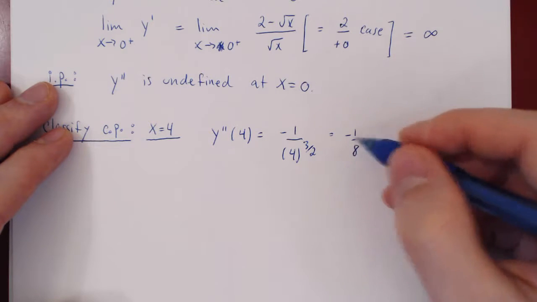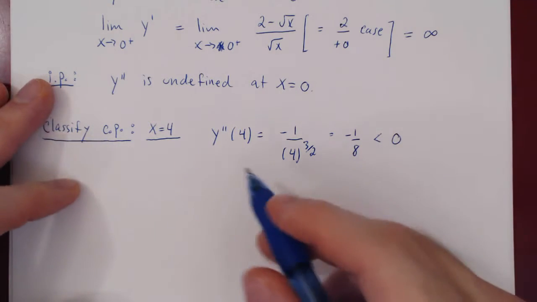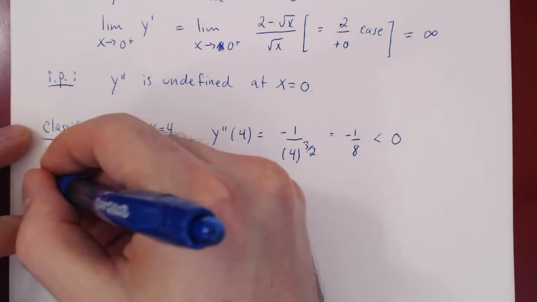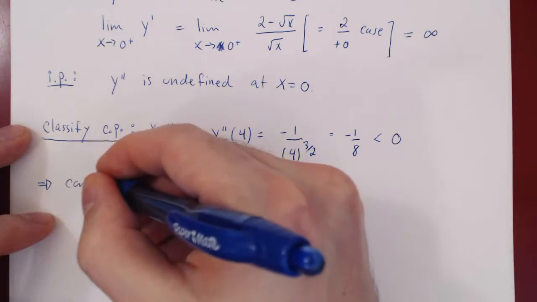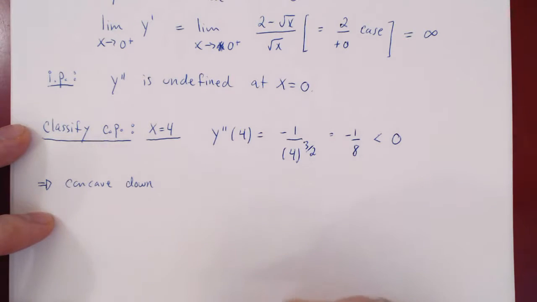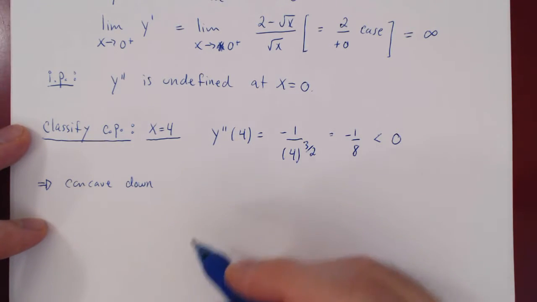We don't care that it's -1 over 8, but that it is negative. Because the second derivative at 4 is negative, the curve will be concave down. And so the curve is flat at x equals 4, concave down. So what we have will be a local maximum.